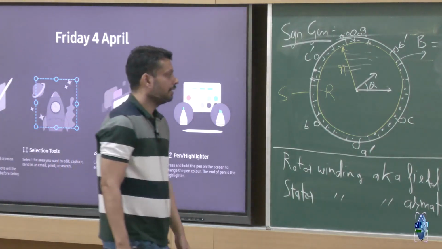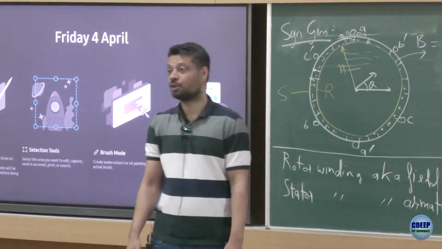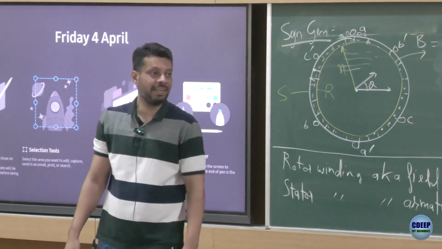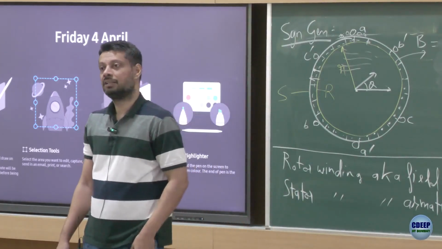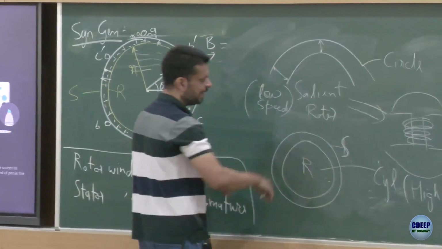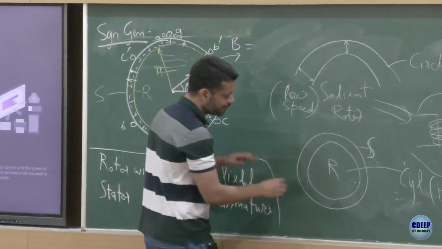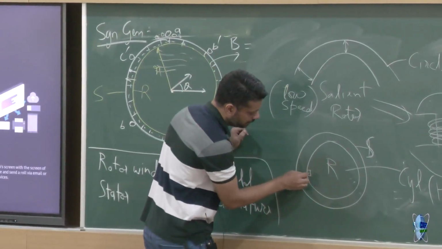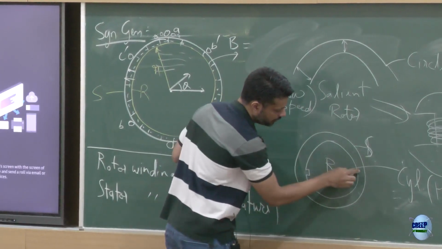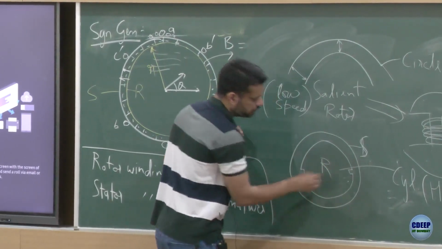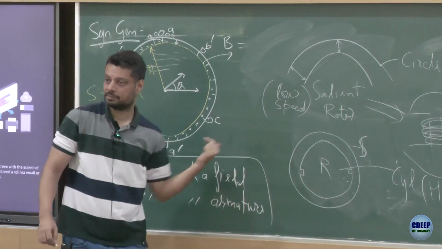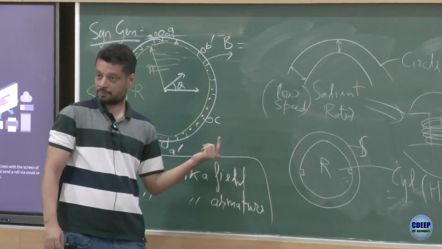One thing which should appear to you to be a bit obvious, maybe not so obvious. So let's draw it, then we'll see if it's obvious or not. But let's say you have some slot here, and you have some turns here like this, okay.